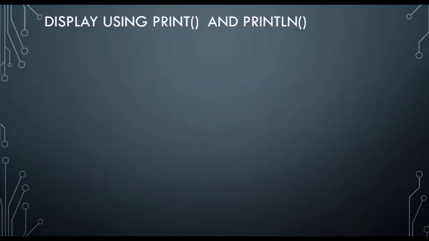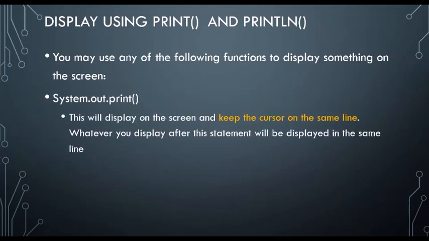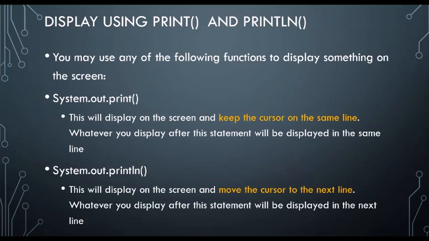Display using print and println. Okay, how to do this? You may use any of the following functions to display something on the screen: System.out.print and System.out.println. You can see that the S in System is capital, and everything else is small, and in println also the S of System is capital.